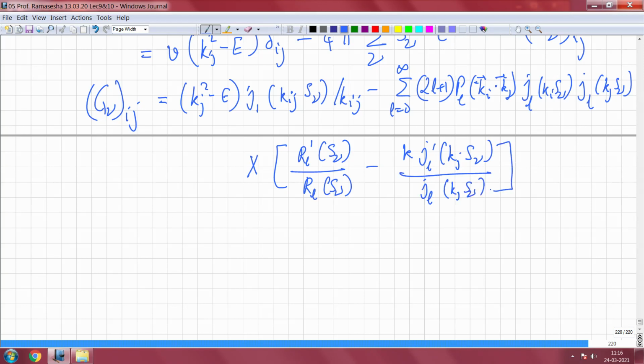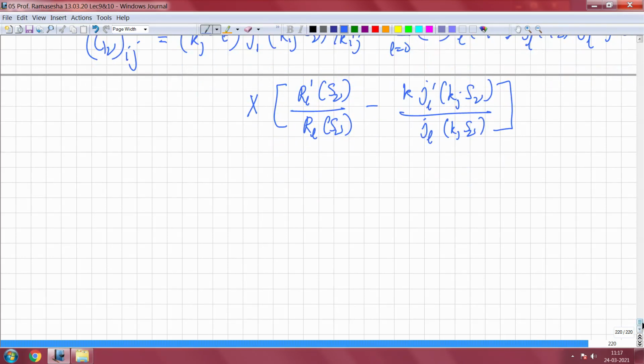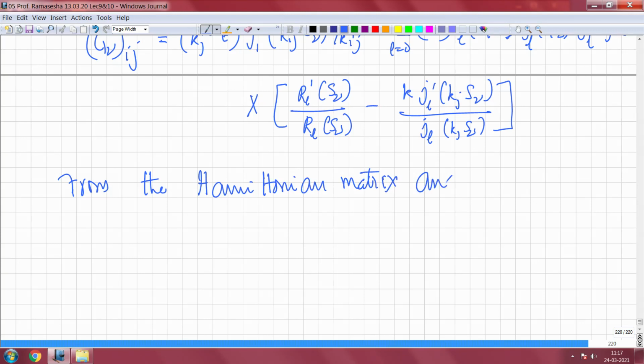So, once you get the Hamiltonian matrix elements, it is a straightforward business to obtain the eigenvalues from the Hamiltonian matrix and the overlap matrix.